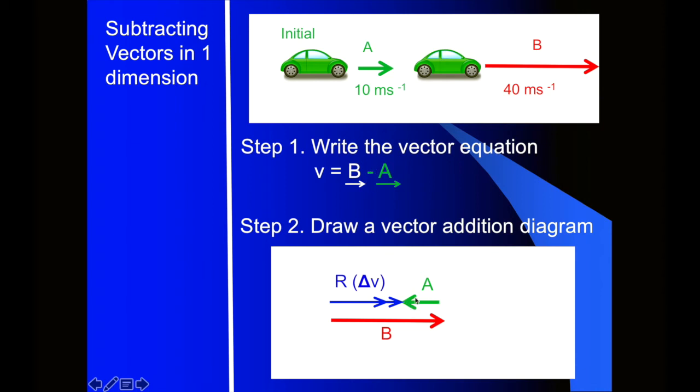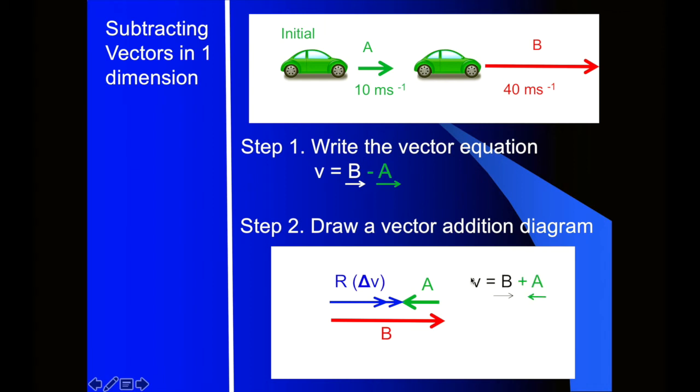Therefore, your arrow for A would be pointing to the left. Your resultant, therefore, would be a shorter vector overall, but also showing, again, remember, the two arrows to show that you are resolving two vectors. And so this is the change in velocity, and this blue arrow will be your resultant.